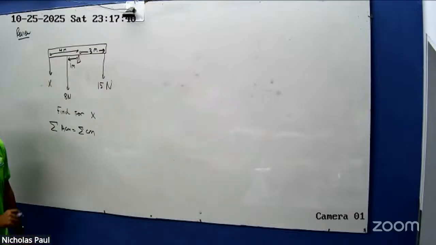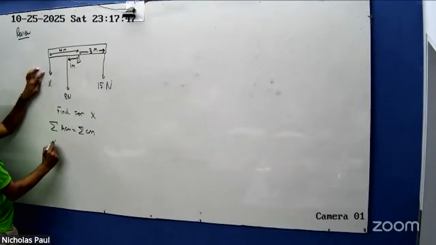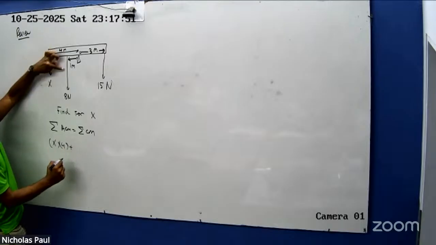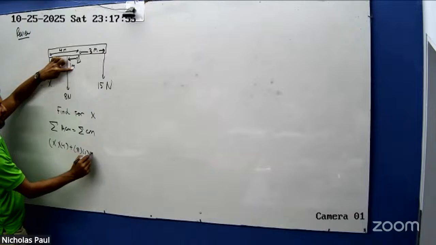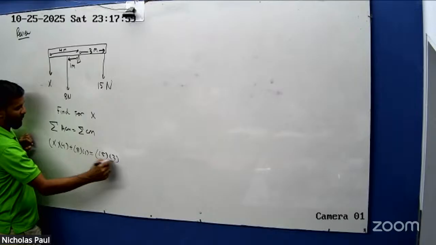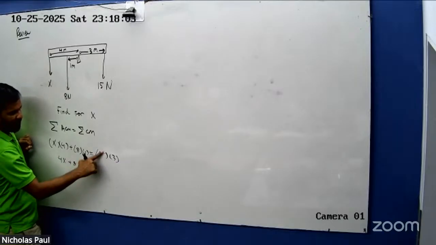Actually, yes. All right, so clockwise will be x by 4, because it's 4 meters away, plus 8 by 1, 8 by 1 meter from the pivot, and then 15 by 3. So this will be 4x plus 8 is equal to 45.